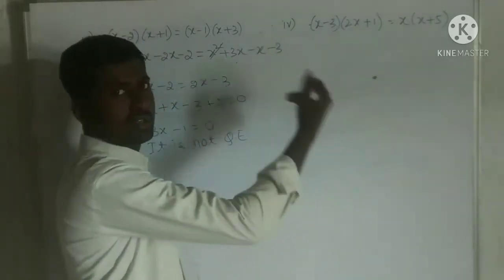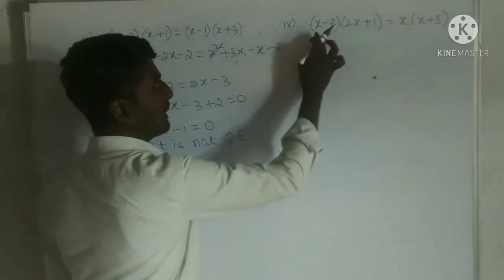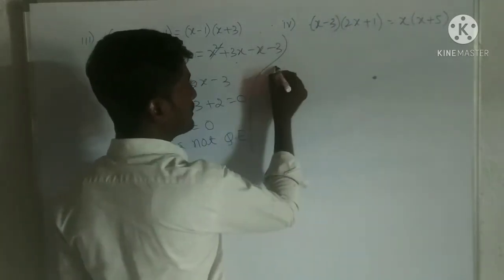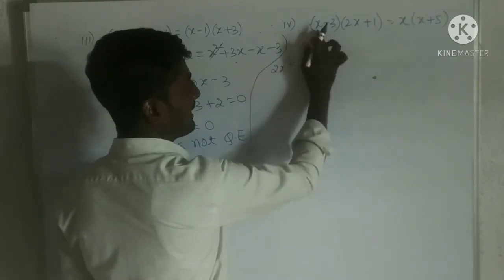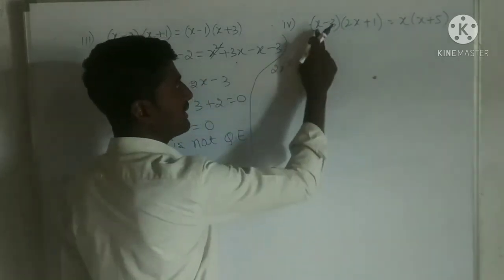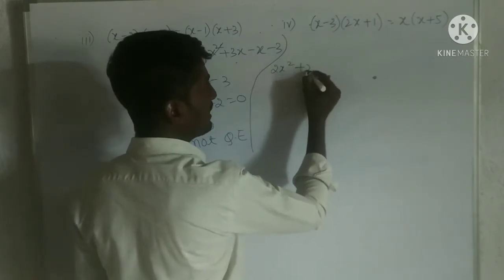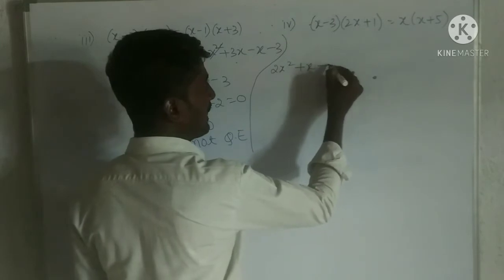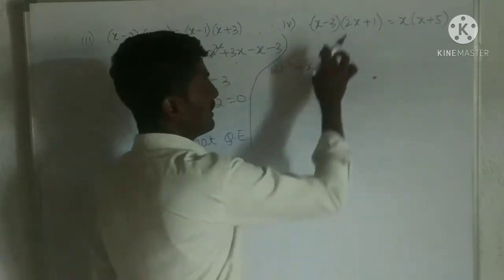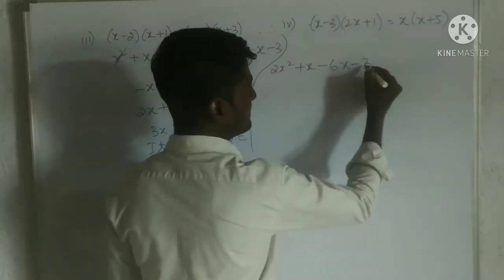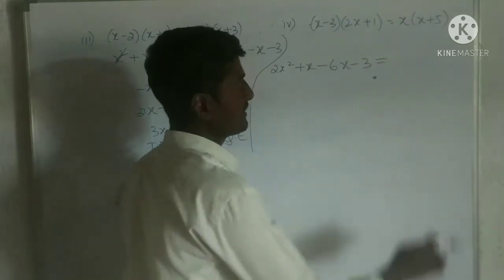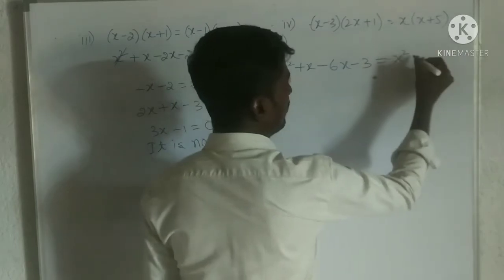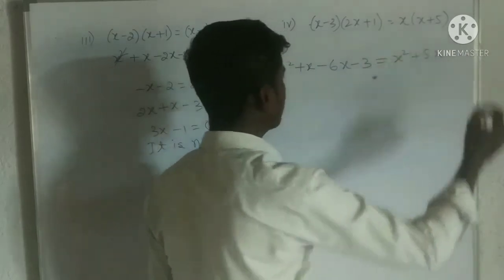Otherwise, we shall simplify it. Now multiply x into x, that is x square, and x into 2x, that is 2x square. Then x into 1, that is plus x, then minus 3 into 2x, that is minus 6x, minus 3 into 1, that is minus 3, is equal to this side x into x, x square, x into 5, that is plus 5x.